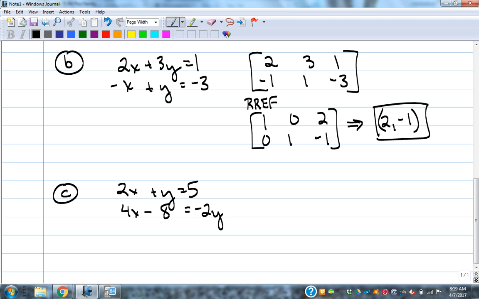Yeah, stuff's in the wrong place. So just fix it. Plus 2y plus 8. That gets you 2x plus y equals 5. 4x plus 2y equals 8.